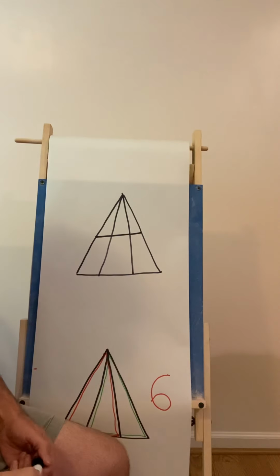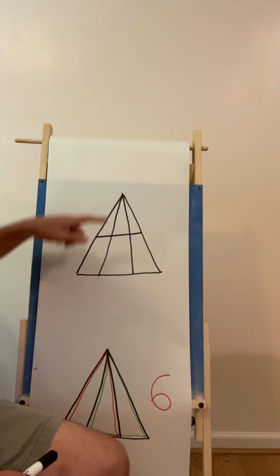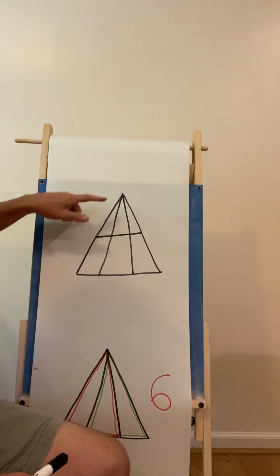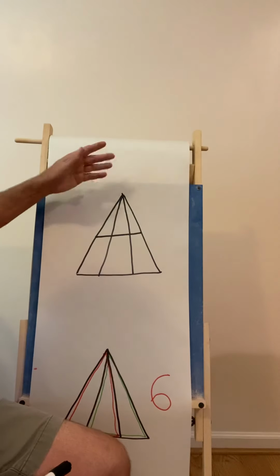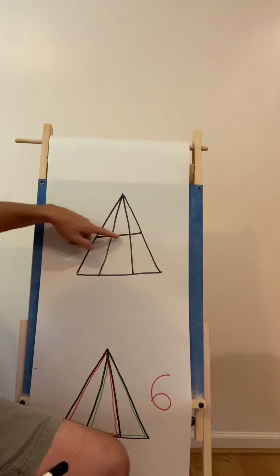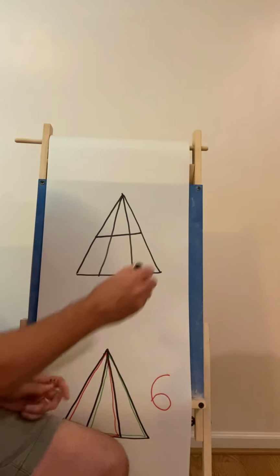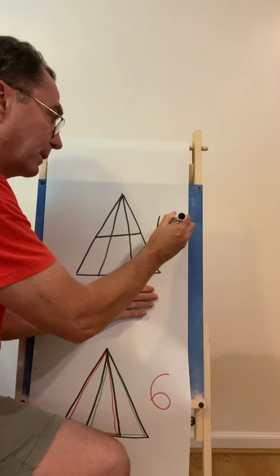Can you say how many triangles there are now? Well, if you think about it as being 2 stories, if you think about the whole big triangle, there were 6. And then if you think about this right here as being the second floor, the upstairs, up here, there are also 6 separate triangles. So there are 6 on each level, and 6 plus 6 makes 12.